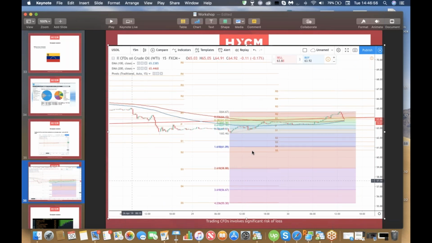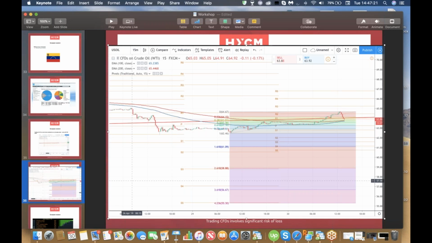Now, if we were looking to go long on this oil chart, where would be a potential entry for us? I know it's cramped, but if you look at the trend line, the pivot point, and the Fibonacci retracement, where would be a potential entry to go long here? You could also look at the moving averages.